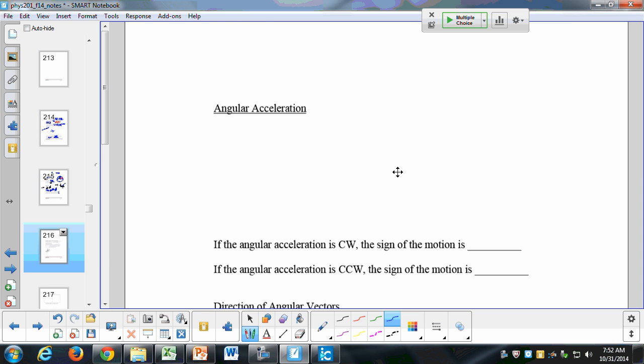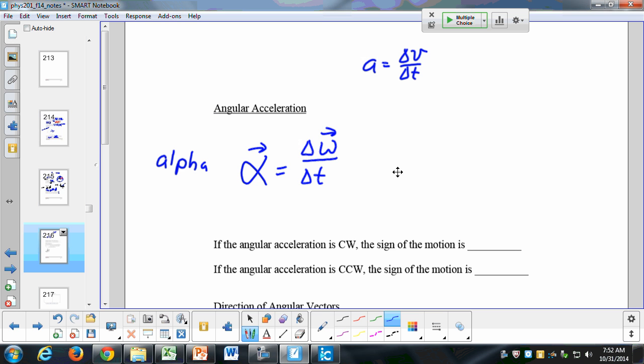And then angular acceleration, remember before we had a equal to delta v over delta t. Here, instead of a, we're going to use alpha, the lowercase Greek letter alpha. And it is equal to delta omega over delta t. All right, this is our average.